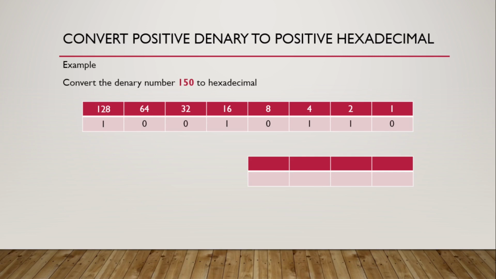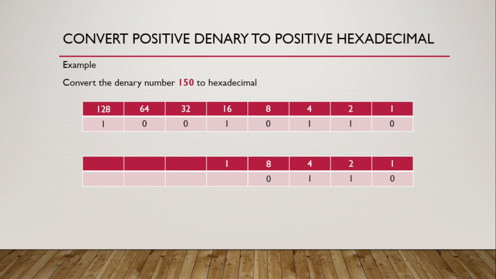Now I will divide the tables into two and add the place values 1 to 8 for each of the groups, while at the same time allocating the binary digits for each place value.